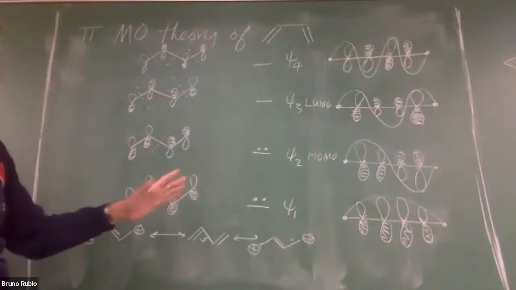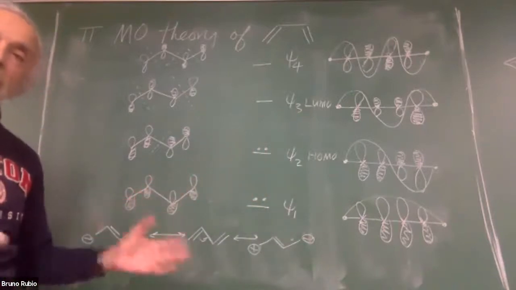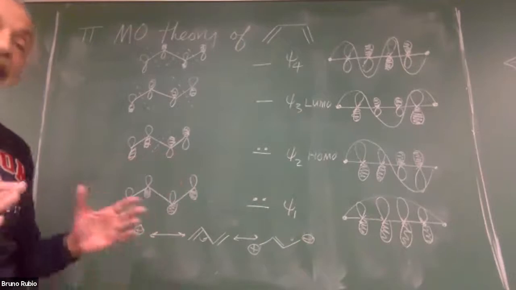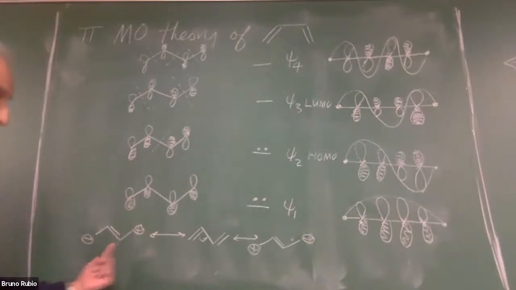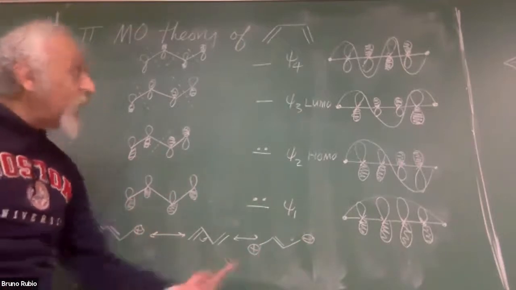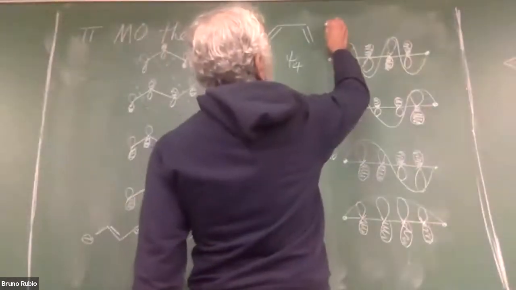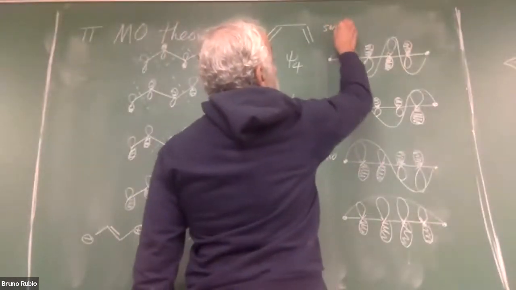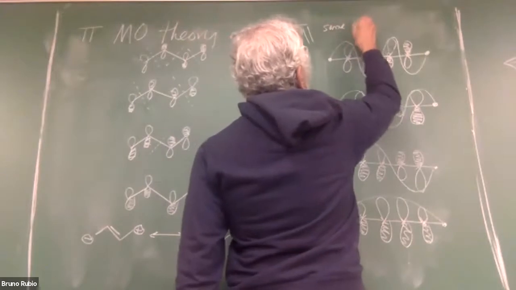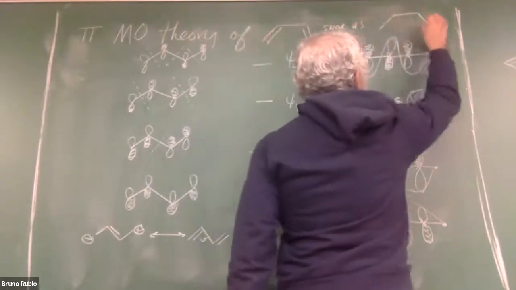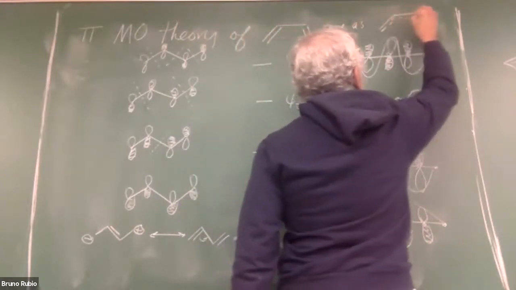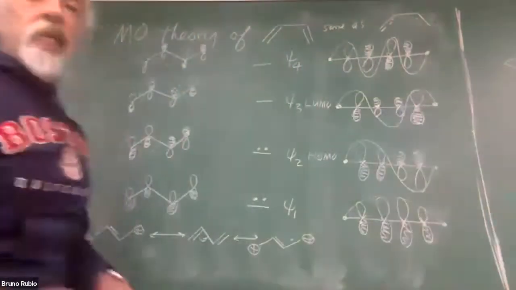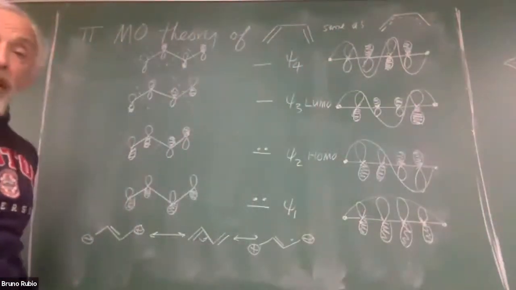So when we want to draw a structure of butadiene as it really is, it's not that, it's not that, it's not that. It is actually none of those bonds are really double bonds, and none of those bonds are really single bonds.